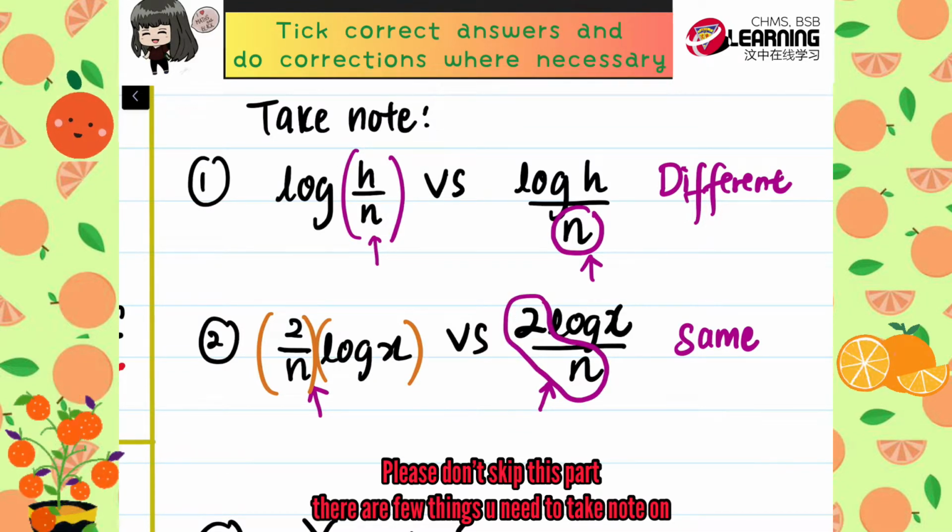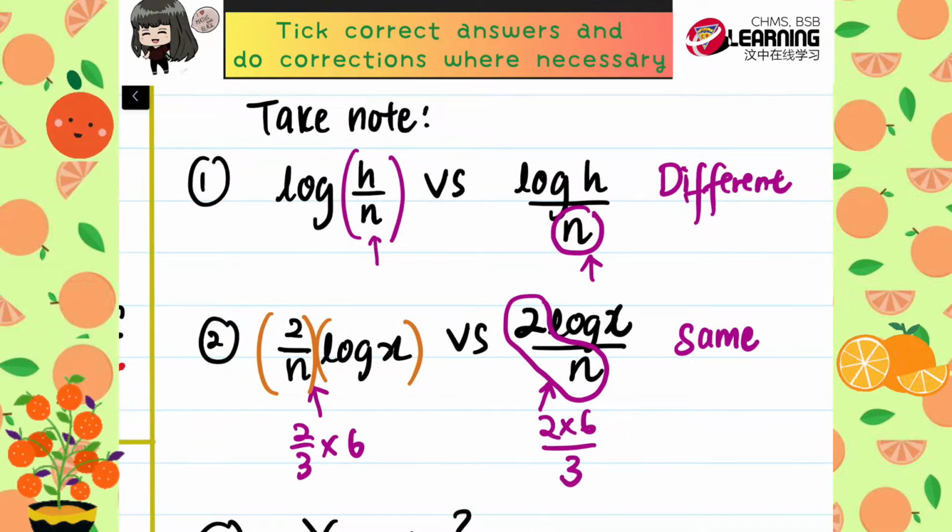I'll give you another example. 2 over 3 times 6. Let's say your N is 3 and your log X is 6. It's the same thing as 2 times 6 over 3. You see, your log X is your 6, N is your 3. You see this one and this one, they are the same, isn't it?